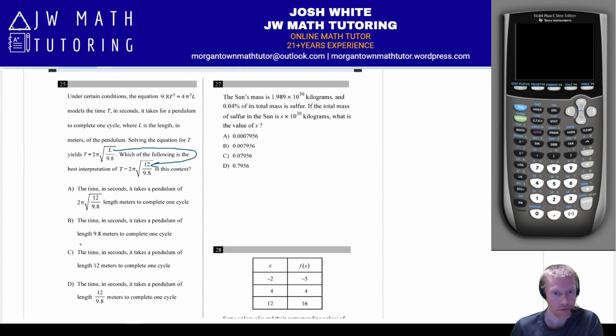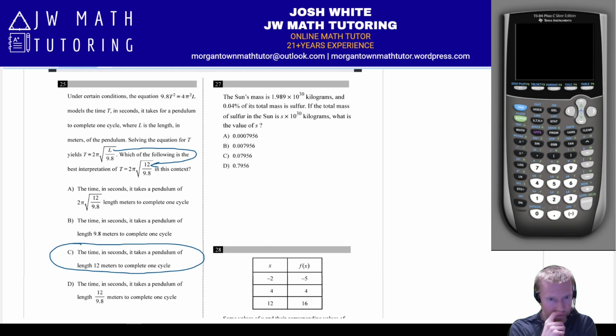So the correct answer for this one is going to be letter C. Because this equation now, if you work it out, it'll give you some value, and that value is the time it takes the pendulum to complete one full cycle for a length of 12 meters, because L has been replaced with 12. Don't worry about any of the numbers and what they mean, like 9.8 deals with gravity, acceleration due to gravity and all that stuff, and 2 pi or whatever. Don't worry about any of those. The correct answer for this one is C because L has been replaced with 12.